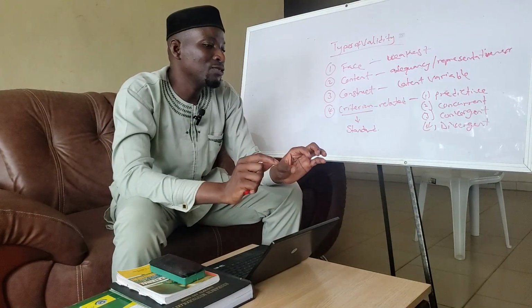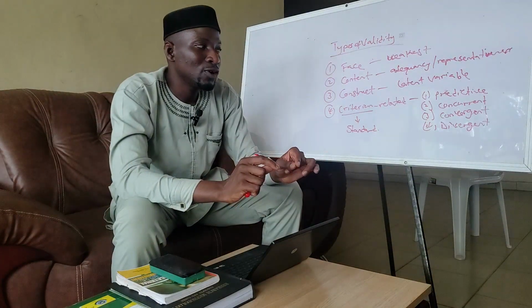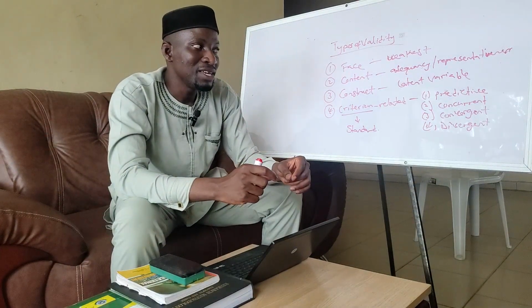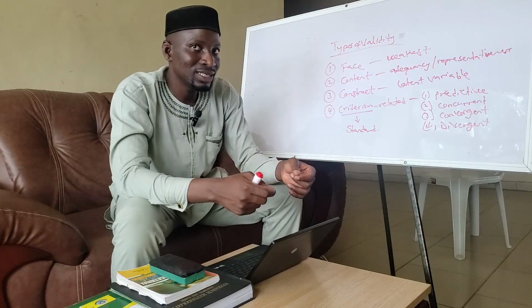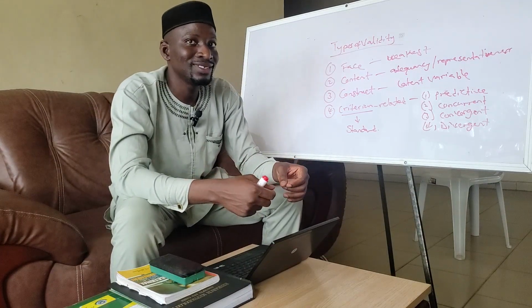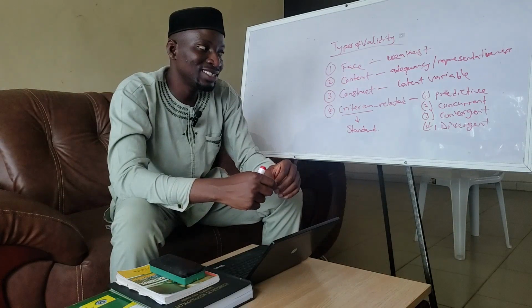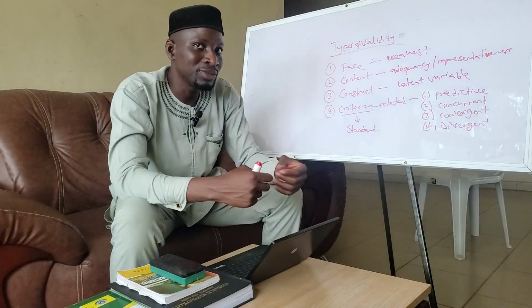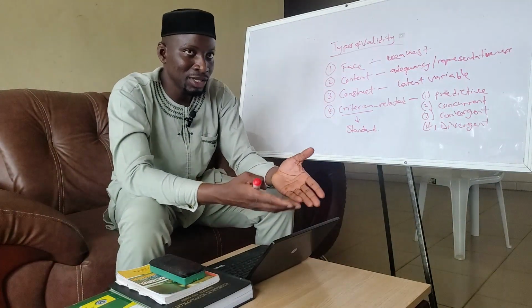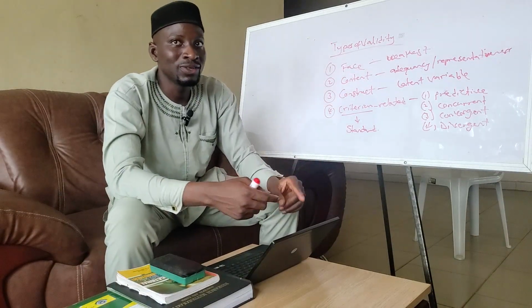So I have to say this: a convergent validity may be concurrent or predictive. A divergent validity evidence may also be concurrent or predictive, meaning it can be almost at the same time or in the future.